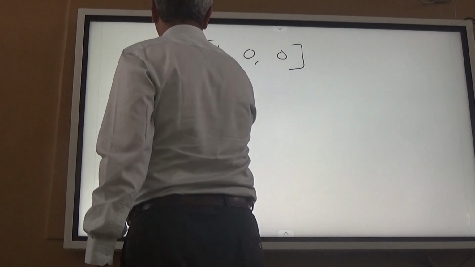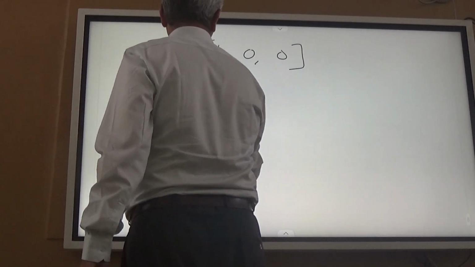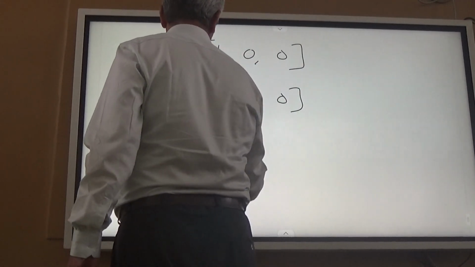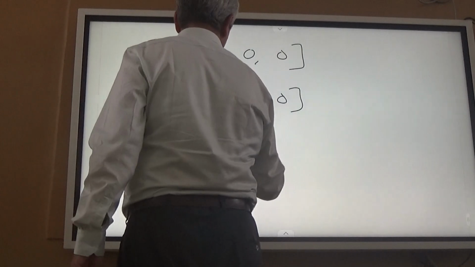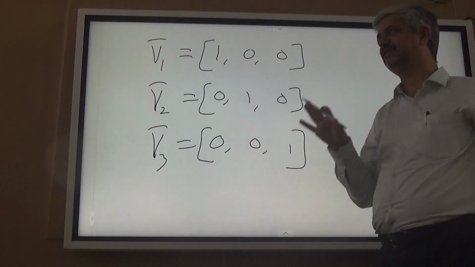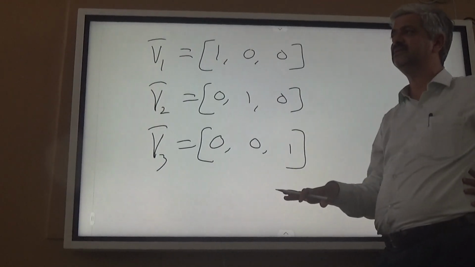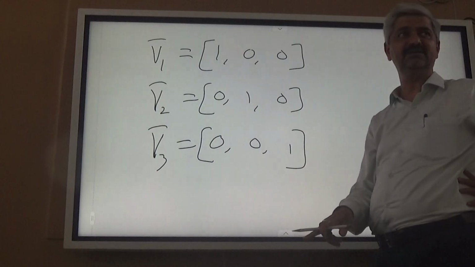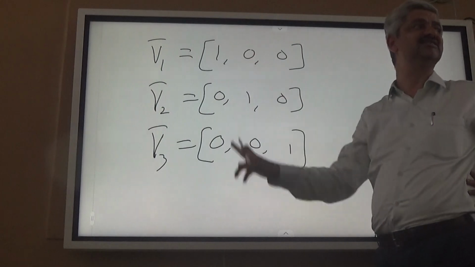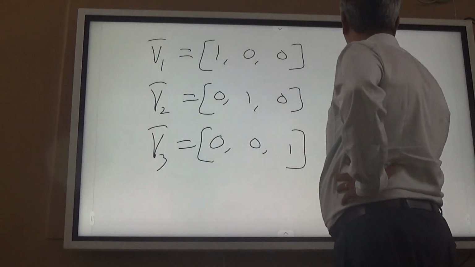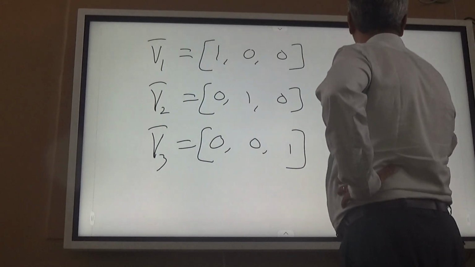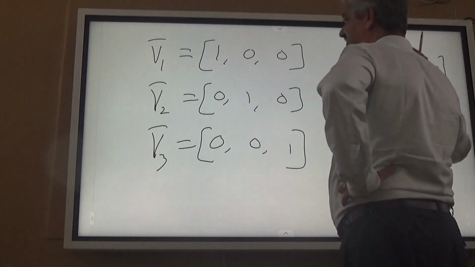V1 is 1 0 0, V2 is 0 1 0, V3 is 0 0 1. Any other combination of three numbers can always be described as a linear combination of these three. Means any other V4 which you may have, we can have A, B, C. Right?